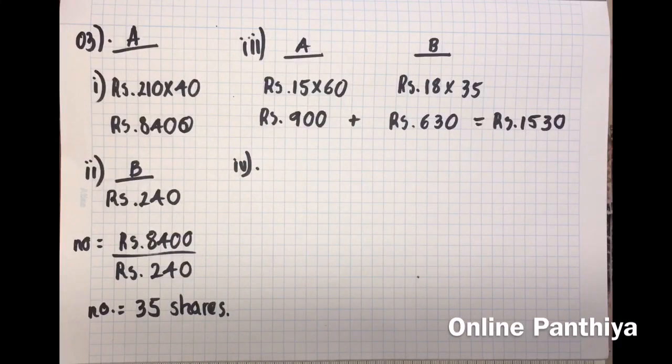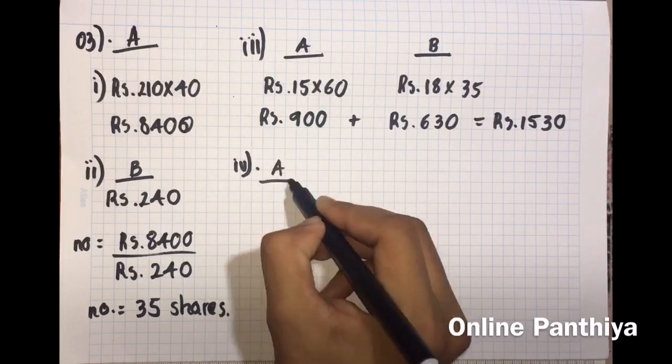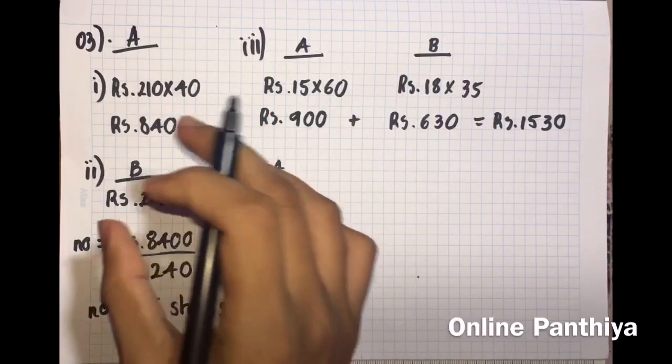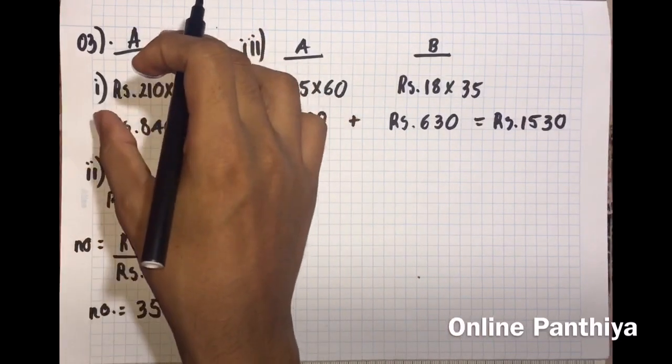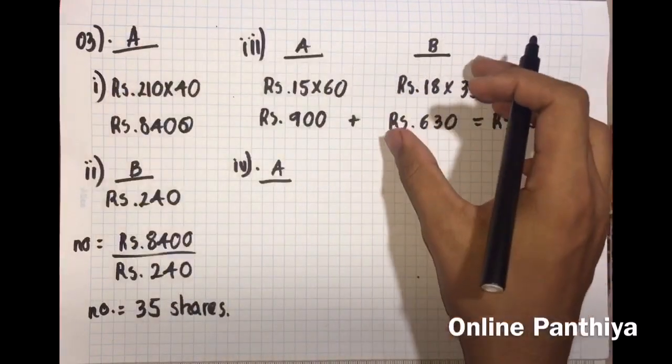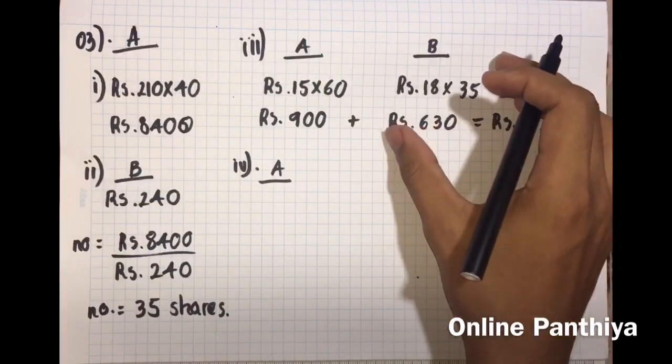Find the additional dividend income he received at the end of the financial year due to selling 40 shares of the company A and buying shares of company B without keeping all the shares of company A with him. What is the idea of that? This person had already sold 40 shares from company A and bought some shares in company B, right?